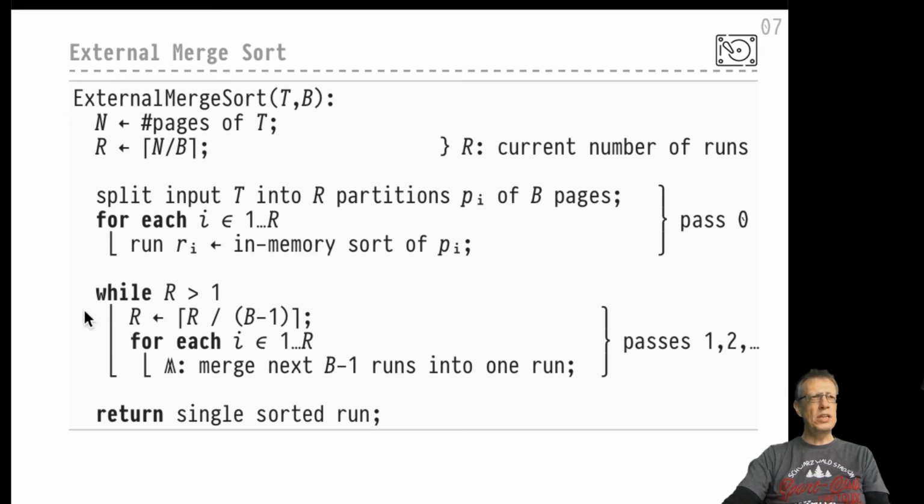And as you can see here already, the more pages we have available, the larger B, the faster R will decrease and the fewer passes we will need. Since each pass involves reading the current input runs from disk, merging them, and writing them back out to disk, each savings of a pass is of course very welcome. So increased B may lead to a decrease in the number of passes.